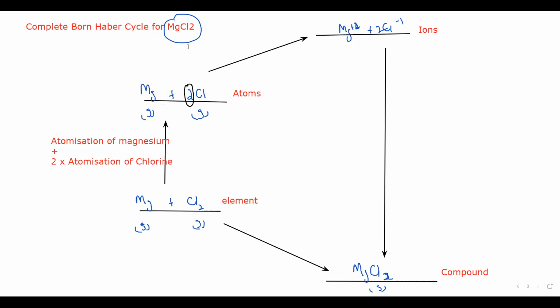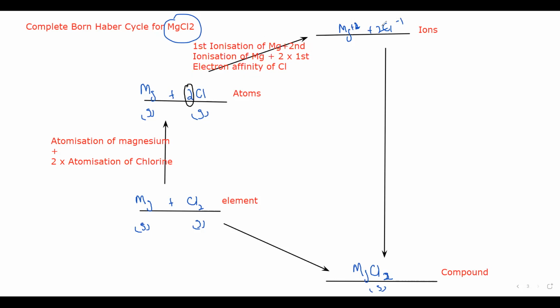This one will be the sum of the first ionization of magnesium, because an electron is removed, plus the second ionization of magnesium, because we are removing 2 electrons from magnesium, plus 2 times the first electron affinity of chlorine, because we are producing two chloride ions.